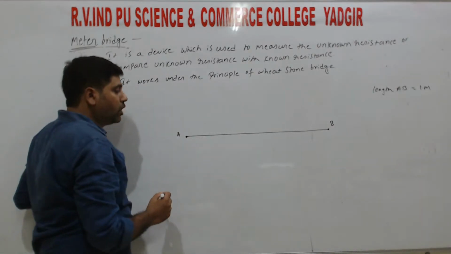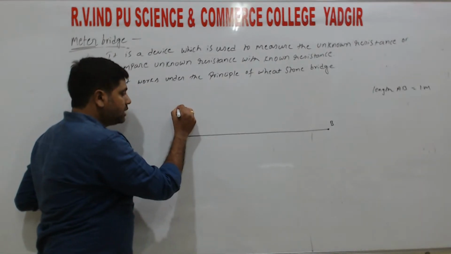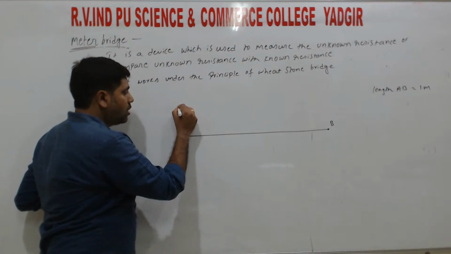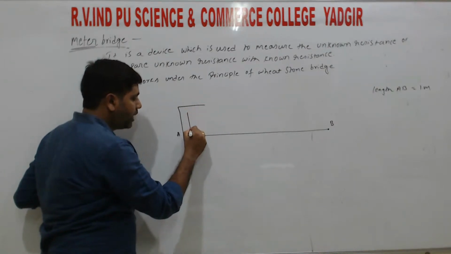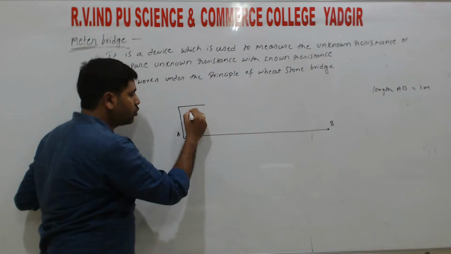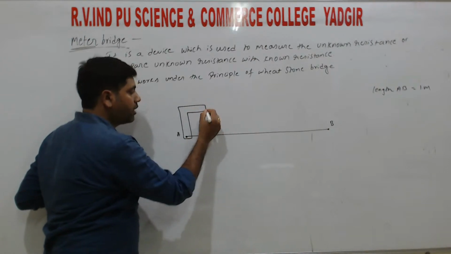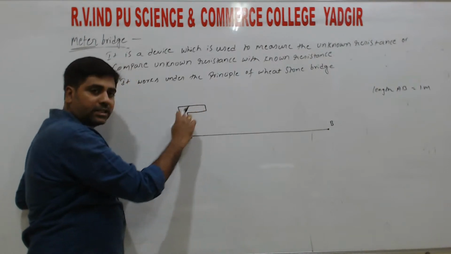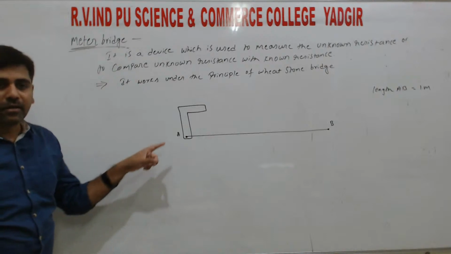So next, two L-shaped metal clamps or metal strips are clamped at the two ends of the wire, right? So this is L shape, and a reverse L shape here, right? So these two are metal strips, both of the same size, right? Even if the diagram varies a little.